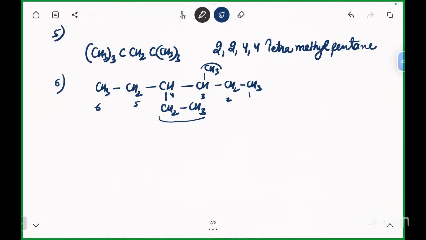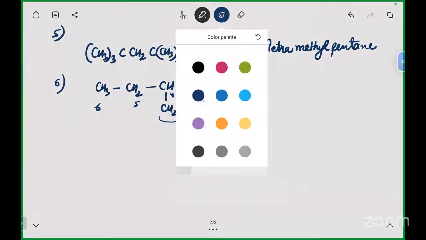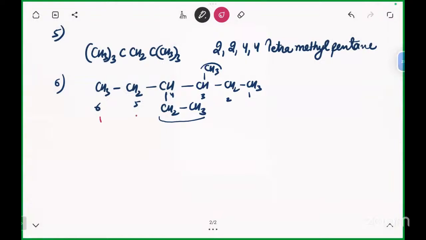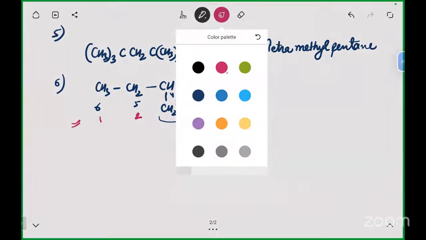You have to mention the position, but one rule is there, that is the minimum set of locants. For that, you have to see the number of carbons in the side chain. From the left hand side, the ethyl group has more carbons, so I'll do the numbering from the left hand side: 1, 2, 3, 4, 5 and 6. That pink one will be the correct one.